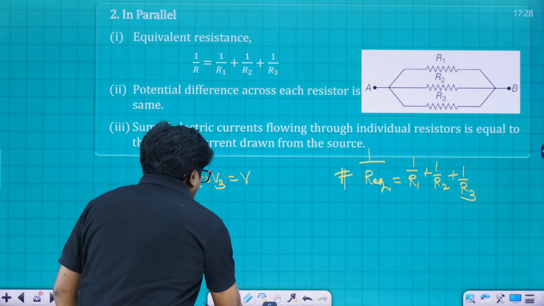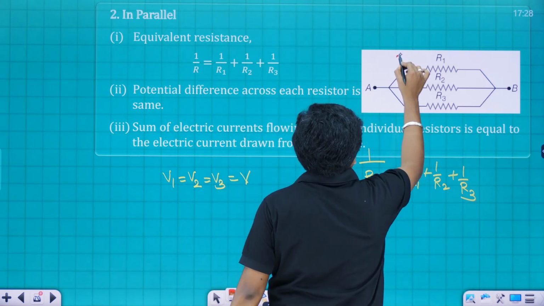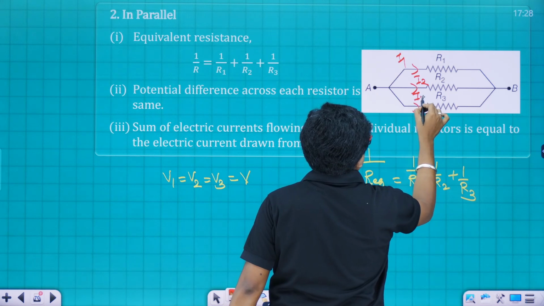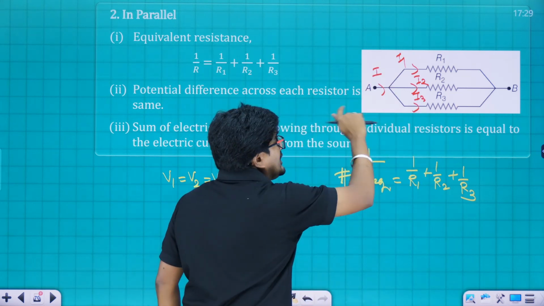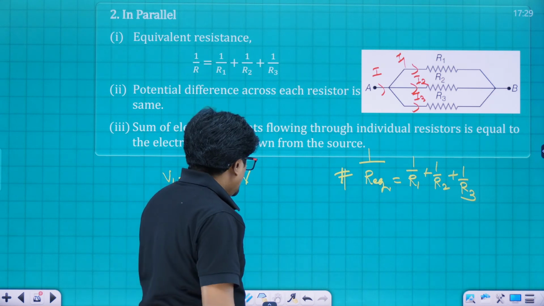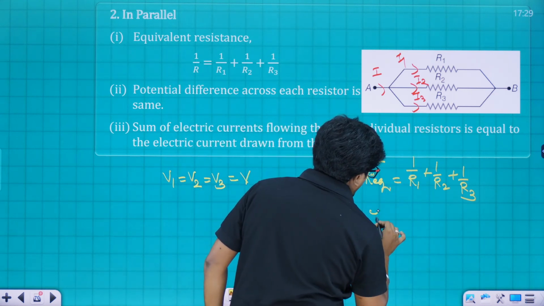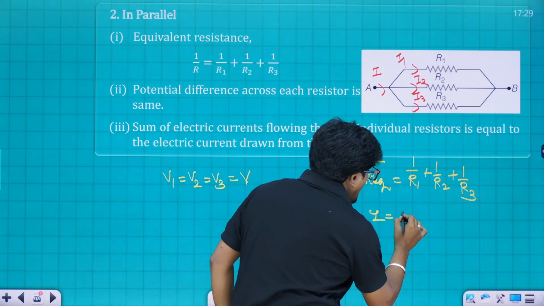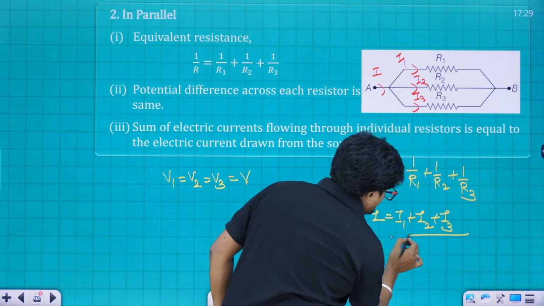And if we need to mention the current flowing, here if I consider the current as I1, the current here as I2, and the current here as I3, and if the net current entering the circuit is treated as I, then I is equal to I1 plus I2 plus I3.